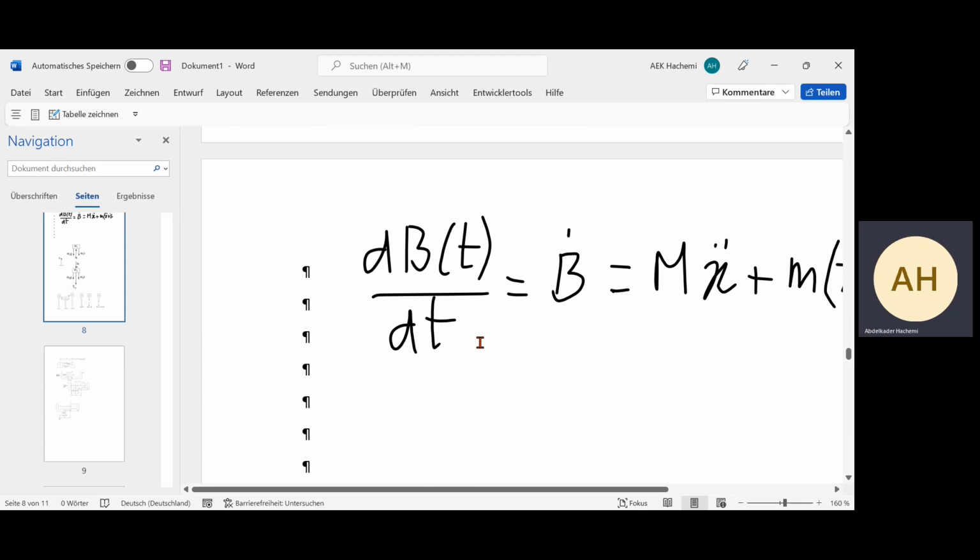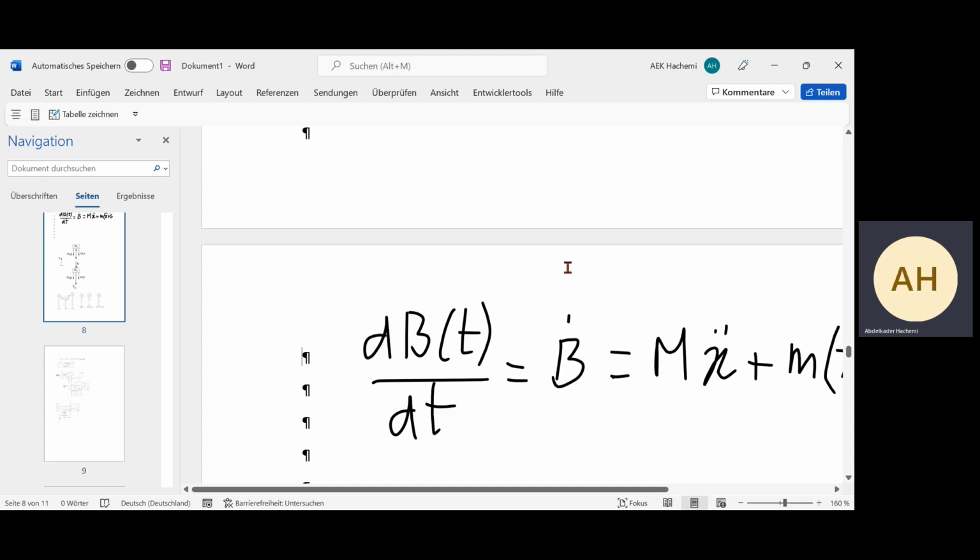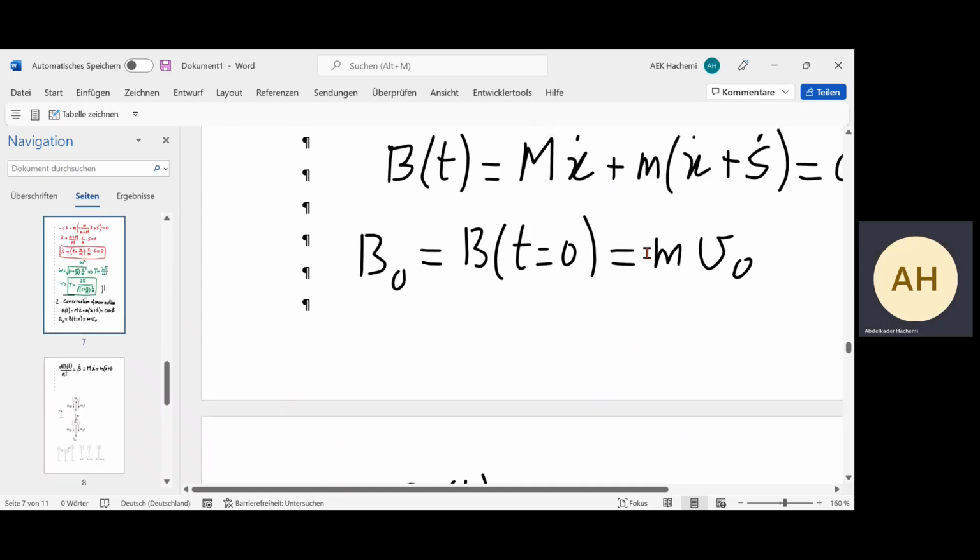Okay. Sorry for this technical problem. Then we have here, as we have B dot, the first term, let's say it's this one, and B0, let's say this term here, must be equal to 0.